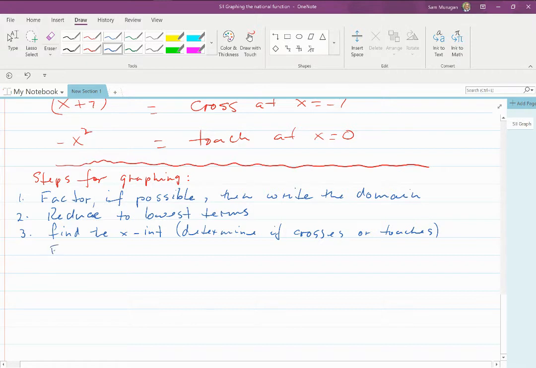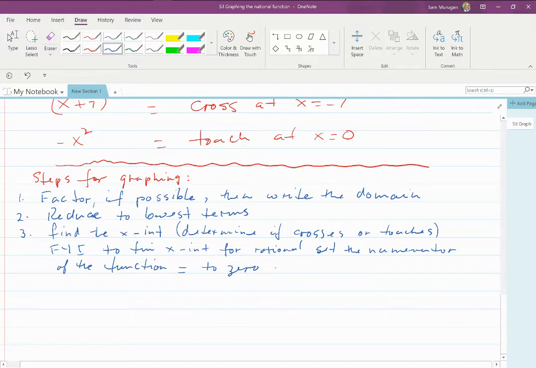And FYI, to find the x-intercept for the rational function, set the numerator of the function equal to 0 and solve for x.